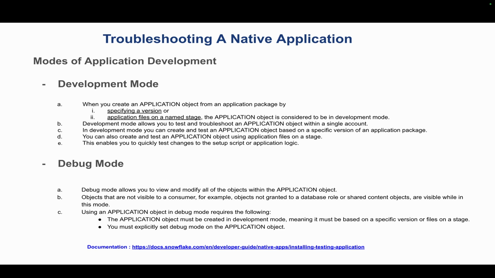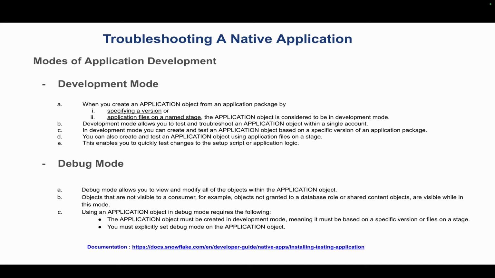Using an application in debug mode requires some of the following steps. Number one, the application must be created in development mode, because if an application is not in development mode, debug mode cannot be switched on.